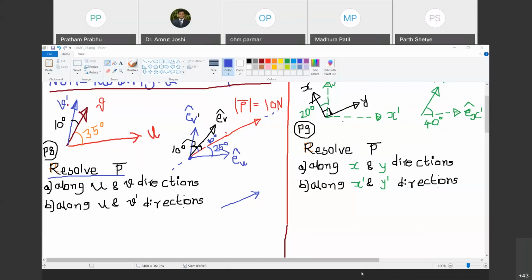Process wise, it is correct. But what should be the basis? What should be the philosophy behind resolving a force along U and V directions? There has to be a certain condition that should be satisfied, right, Parth? Yes, sir. Can you specify that condition?